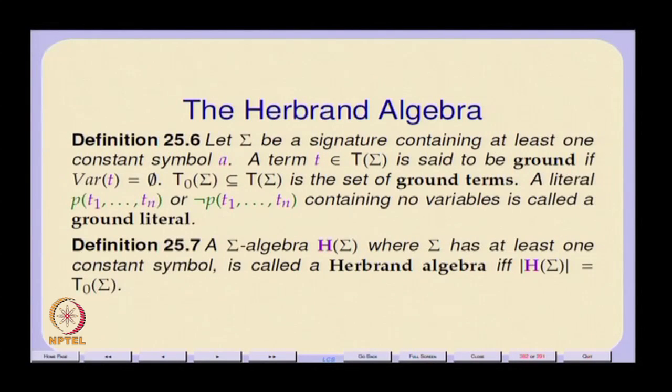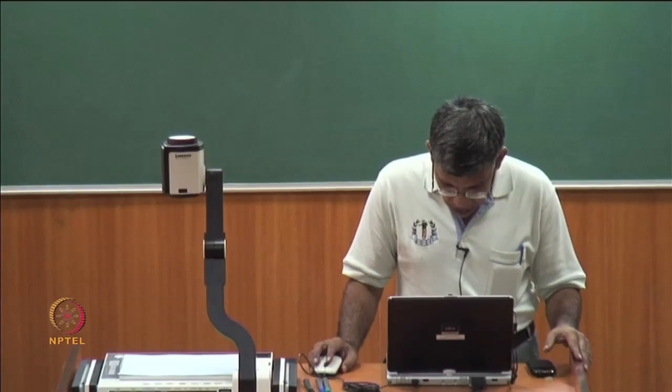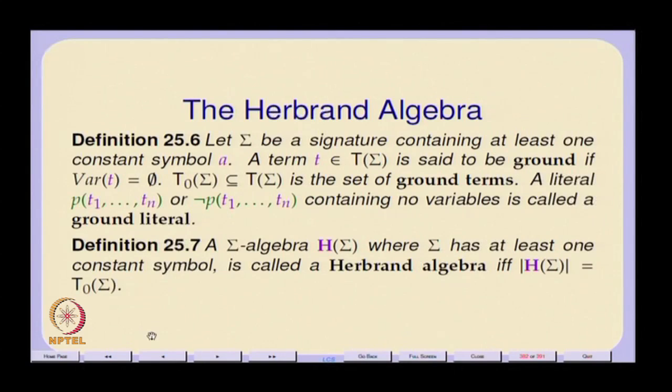Now we are going into the interface between proof theory and model theory. One of the things that we did was we defined the semantics in terms of certain structures. Now, I can also consider any signature containing at least one constant symbol, which basically means a function of arity 0.